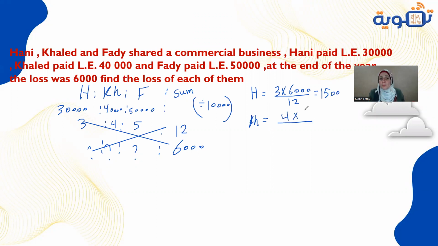And here the last one, Fadi, equal 5 times 6,000 divided by 12, equal 2,500. If I add now 2,000 plus 2,500 plus 1,500, gives me 6,000.